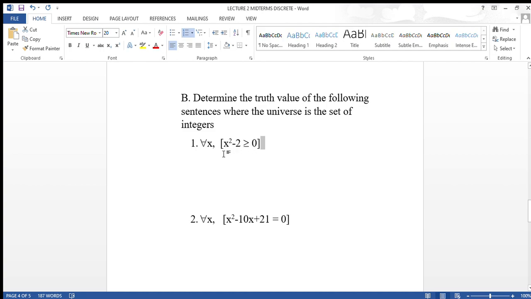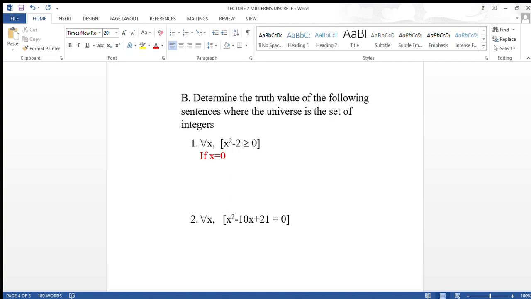But if you look at this part here, we have mentioned that if we want to show that the proposition is false and the quantifier is the universal quantifier, we just need one value that will violate the statement given. So if you look at this one, if x, let's say, is equal to 0, isn't it that 0 is an integer?